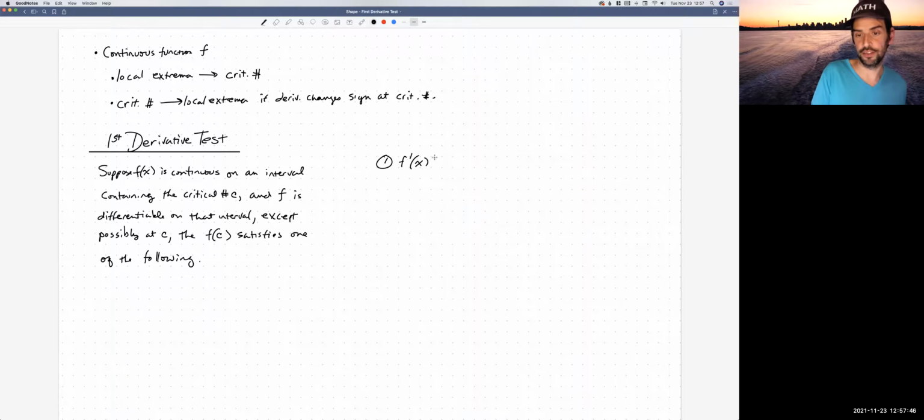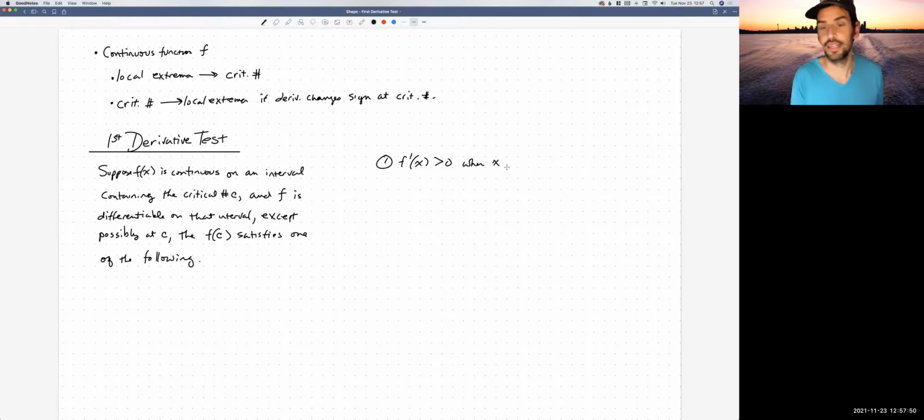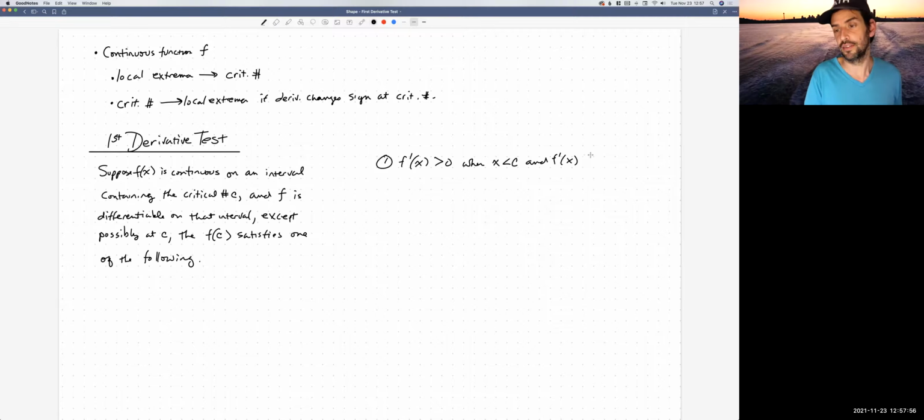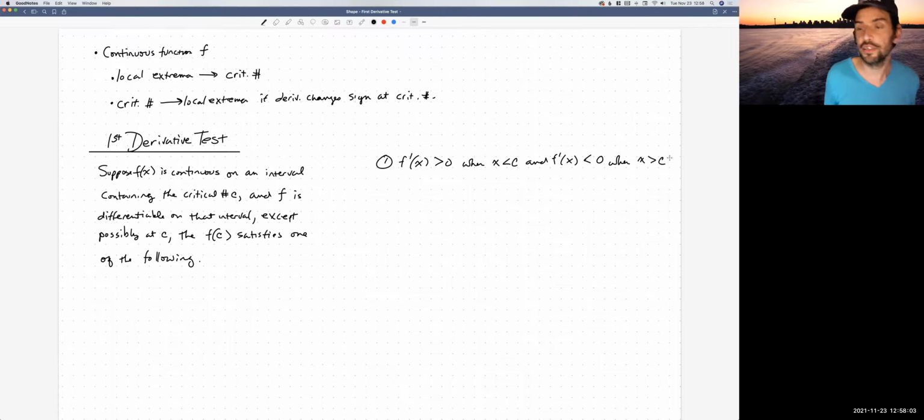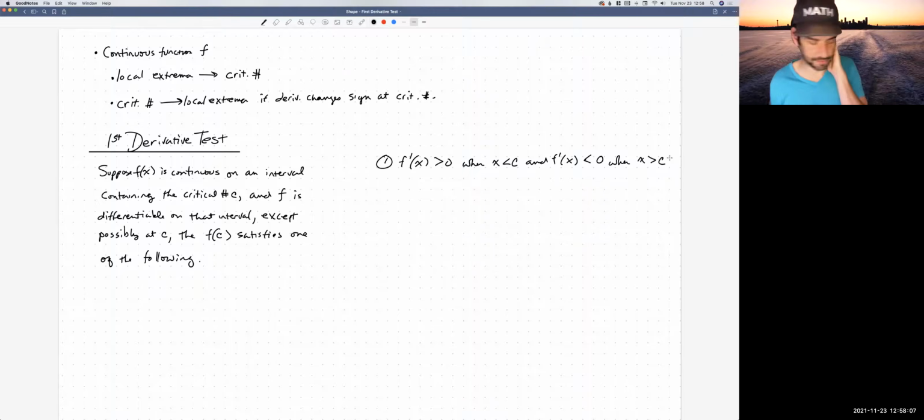F prime of x is positive when x is below c, and f prime of x is negative when x is greater than c. Right, this is all happening on this interval. So whatever points of the interval are below c and above c.